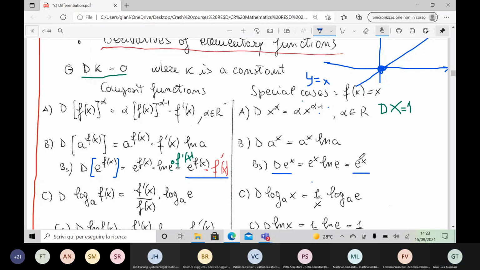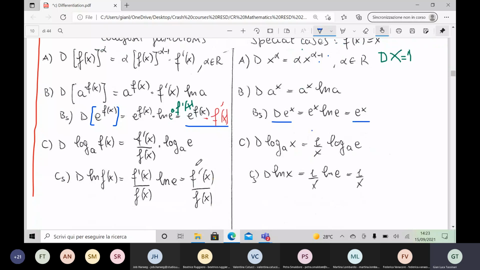Okay. Now go on. Logarithm with basis a of f of x. Well, the rule is the following. Guys, I tell you directly the rule because, again, this is a function of a function: you have the logarithmic function and the argument of the logarithm is a function itself. So it's a composite function.